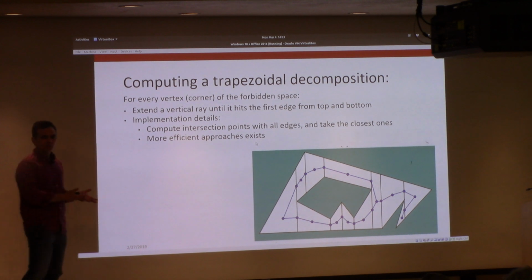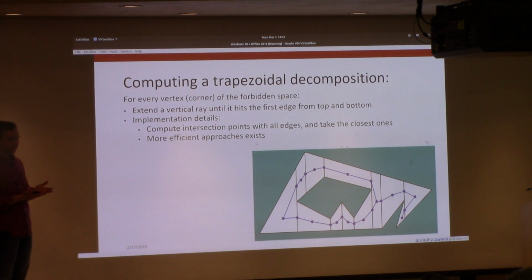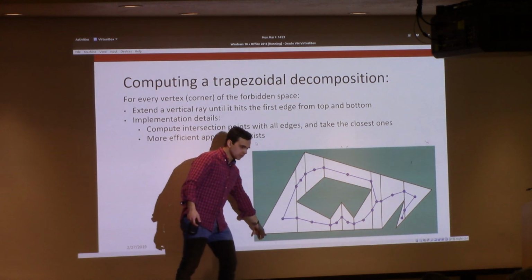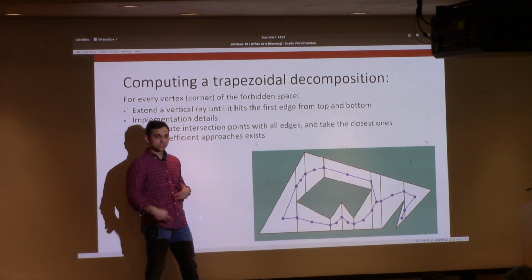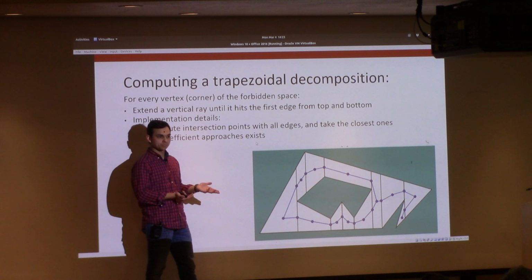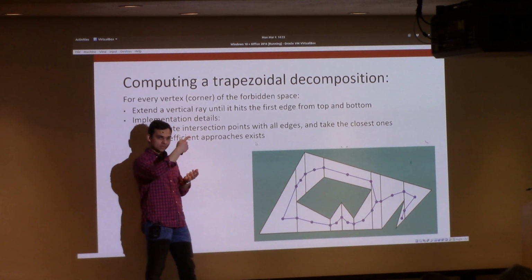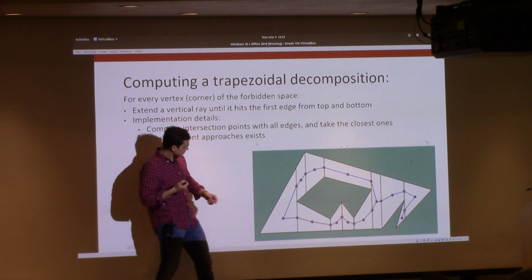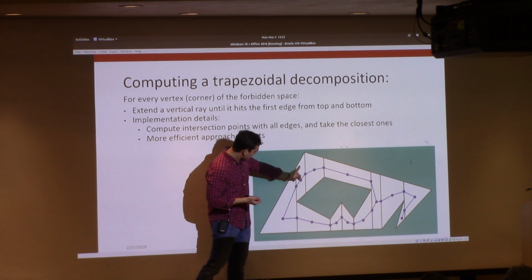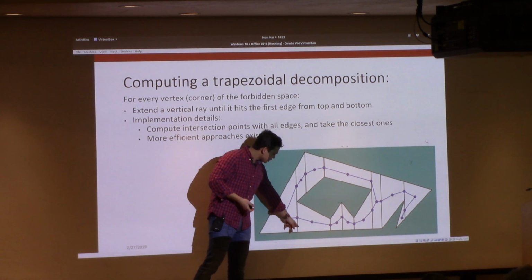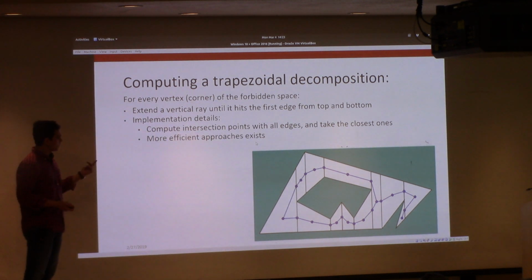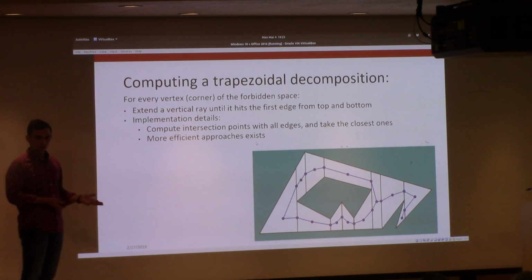How would we implement this in practice? The boundary of the forbidden region is represented by a polygon. A polygon is simply a sequence of lines. Okay? So what we will do here, we will find the intersection of this ray with all the different edges of the forbidden region.